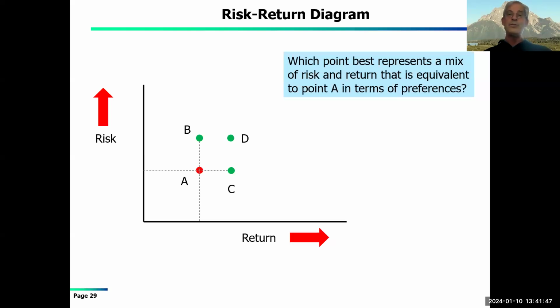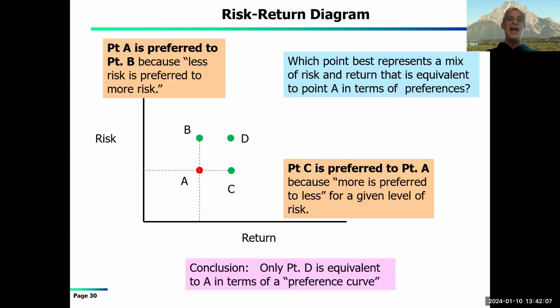Now, which point represents an equivalent return to investment A, B, D, or C? Just in this really simple example, what represents an equivalent return? And we know from just English and human preferences, well, A is preferred to point B. Why?